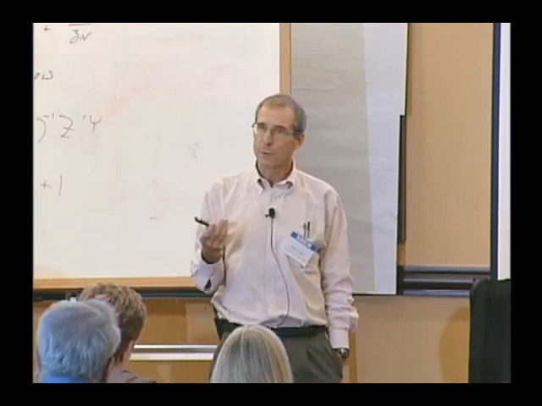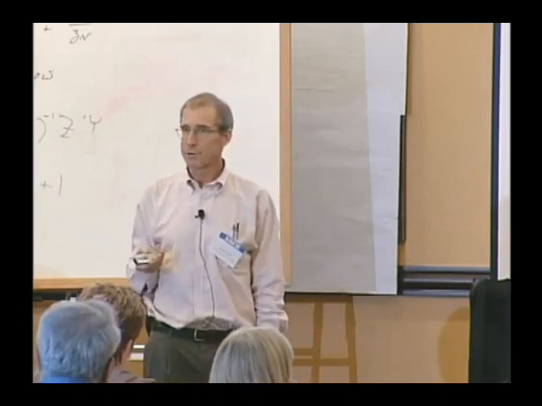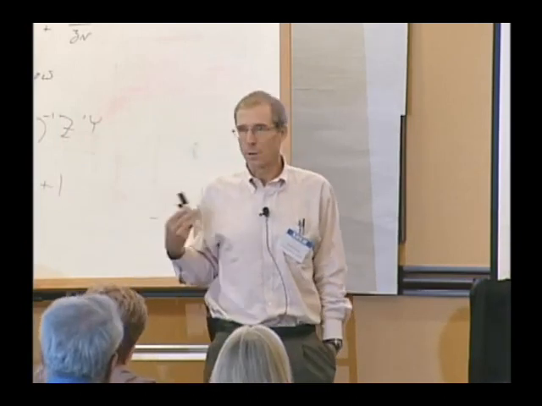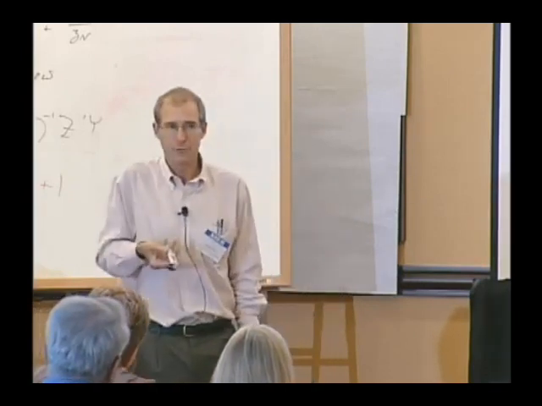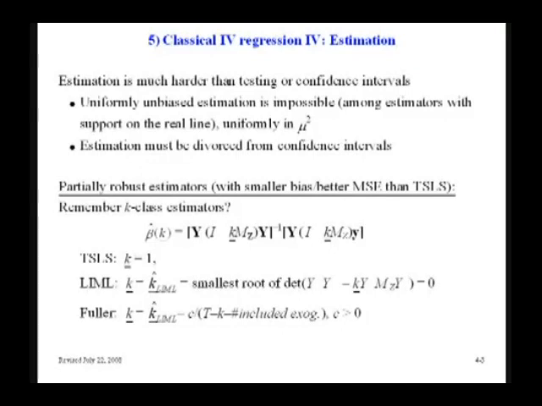So it's not really going to be a good research program to look for a uniformly optimal estimator uniformly in mu squared, because we know there's not going to be any optimality for point estimation. The thing about interval estimation is that in the unidentified case the right answer is minus infinity to plus infinity, but for point estimation there isn't one.